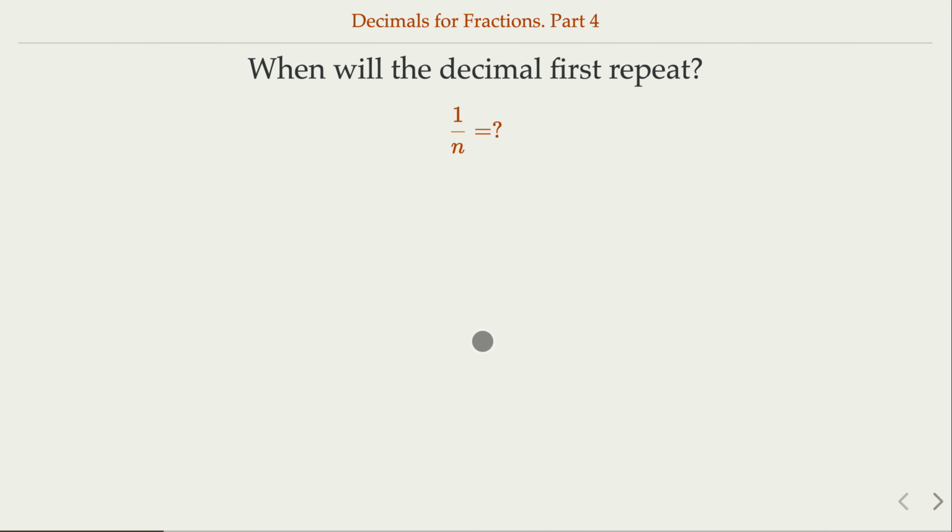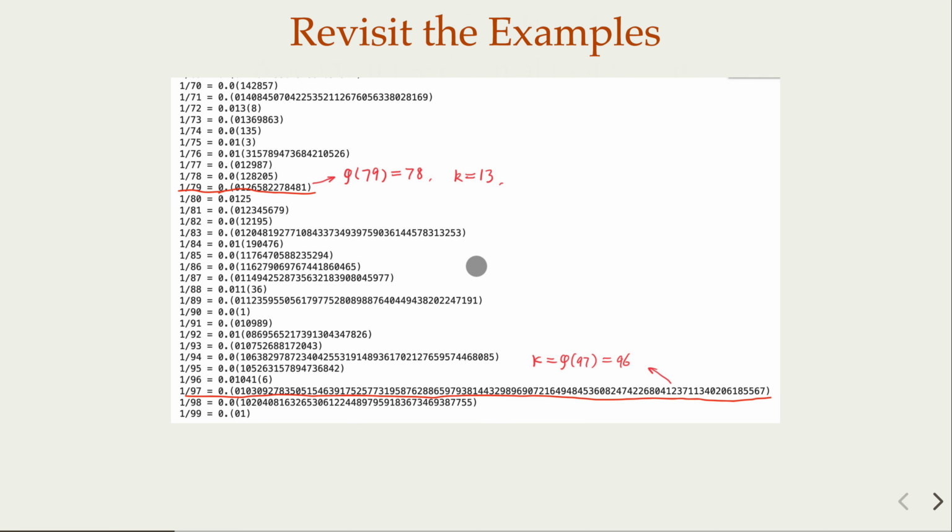Okay, so we go back to the question. Now we know that we're looking for k. k is going to be a factor of phi n. Okay, so that's our conclusion here. The smallest integer k must divide phi n. What is phi n? We know the answer earlier, right? Let's go back to the example here. So 1 over 79. Earlier we know that phi 79, because 79 is a prime number, equals 78.